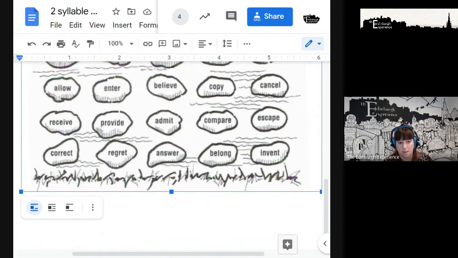Allow, enter, believe, copy, cancel. Good. So enter, but I can't jump that way. Believe didn't work. Copy does, but I can't jump that way. But what about this one? Cancel. Yeah. So I can go from answer and jump over to cancel.